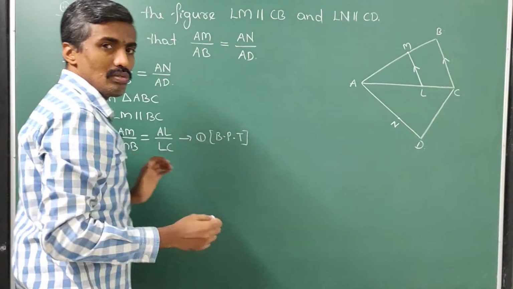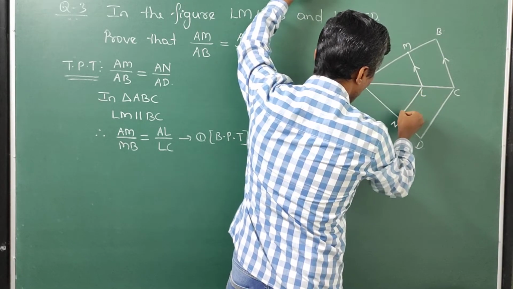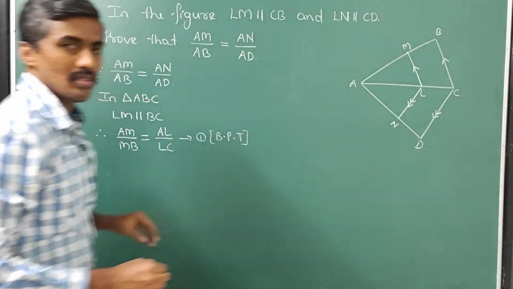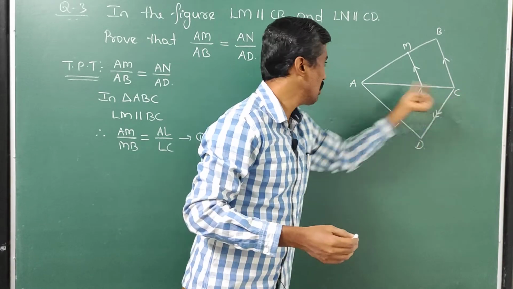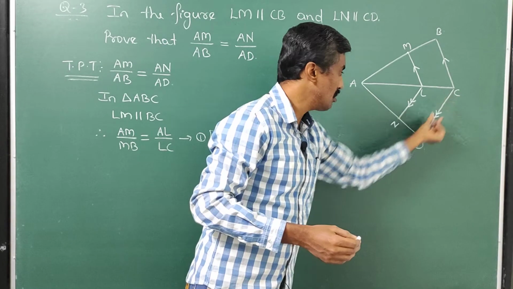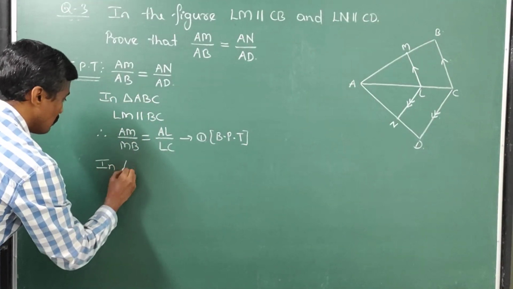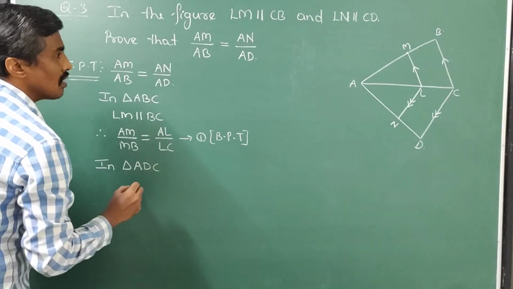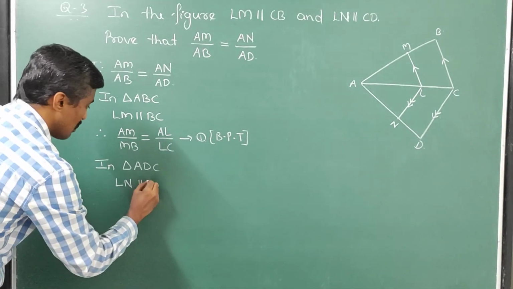Next, one more data is given. LN is parallel to CD. Let me draw LN parallel to CD. Now we are going to discuss triangle ADC. In triangle ADC, LN is drawn parallel to CD.